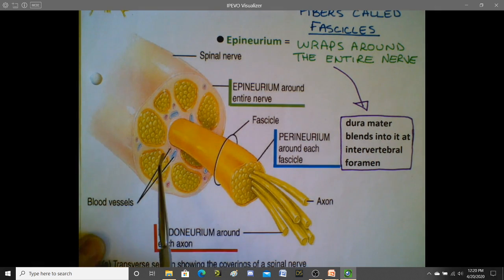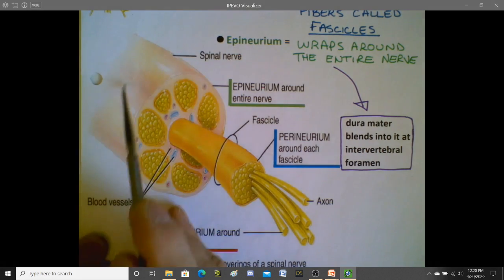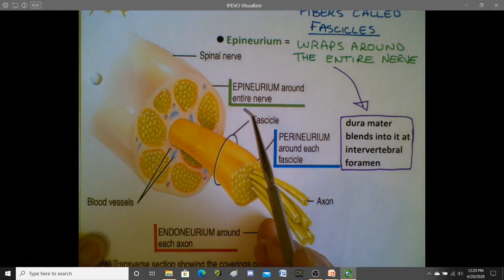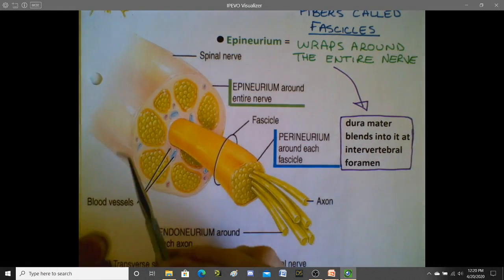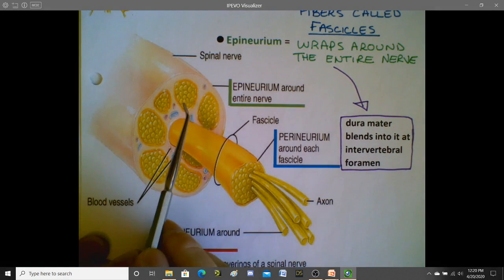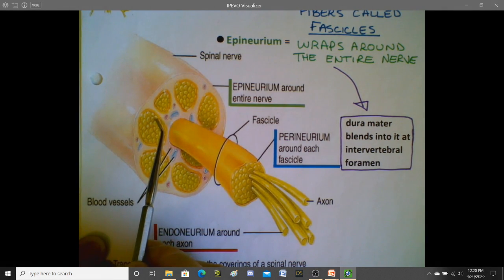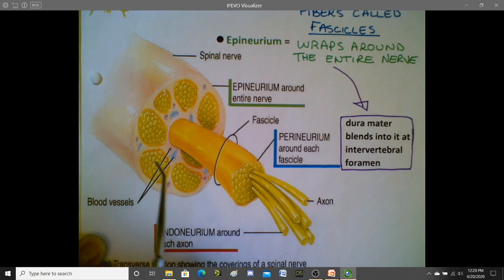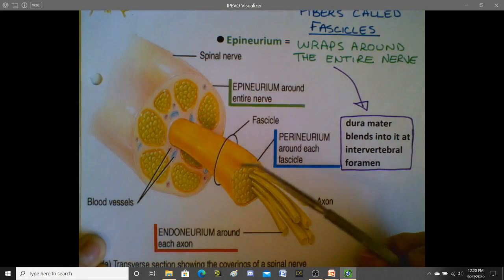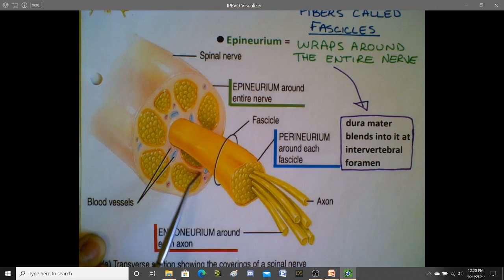So if you look at this, this entire picture represents our entire nerve. The entire nerve is going to be built out of these bundles of neurons that are called fascicles. And then, see, we've pulled out a fascicle here, and each individual fascicle is made out of many nerve cells that we call neurons. Well, the neurons are made out of axons.